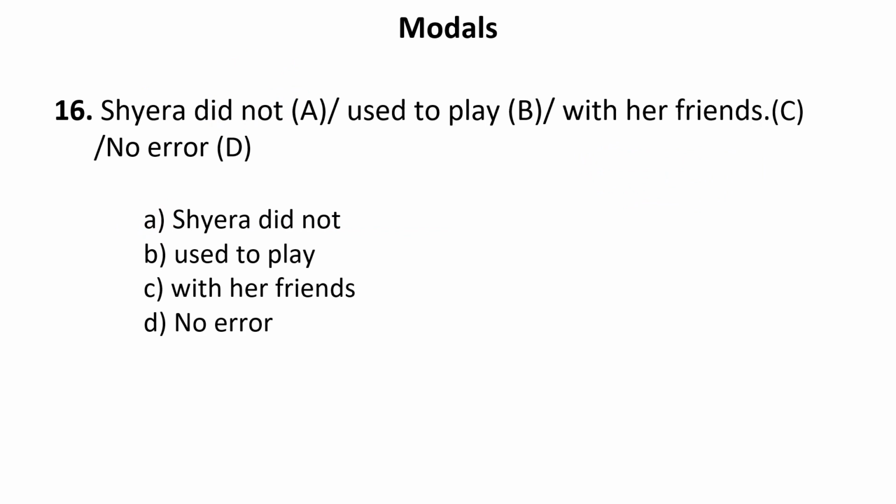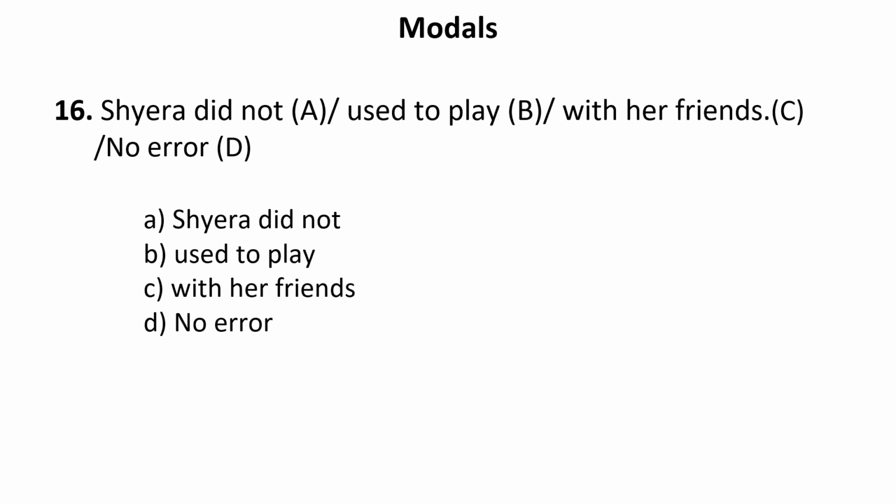Shaira did not used to play with her friends. Now, if it shows habit, used to is written in the positive sense. So Shaira used to play with her friends.